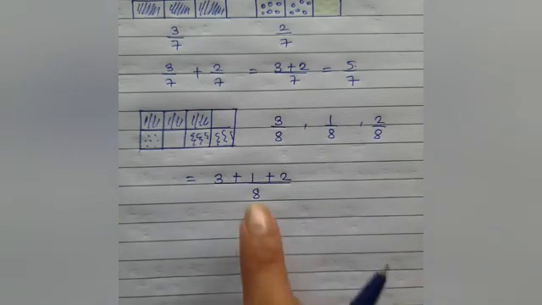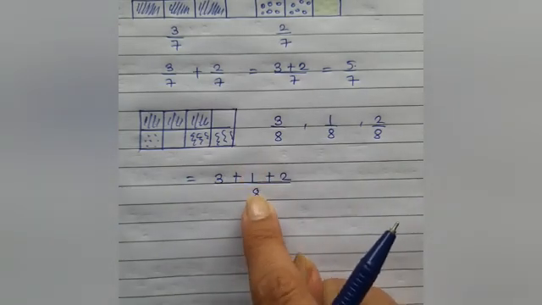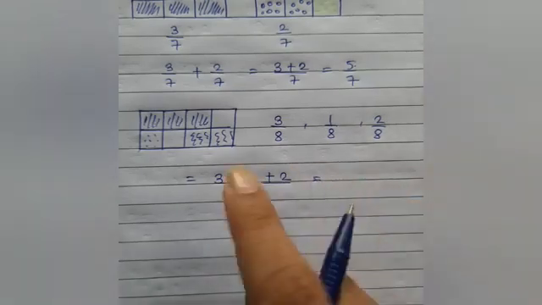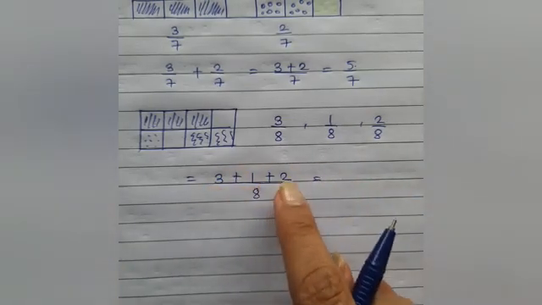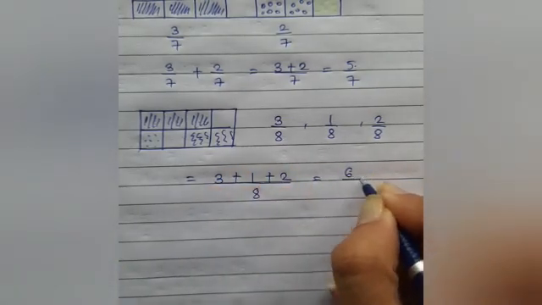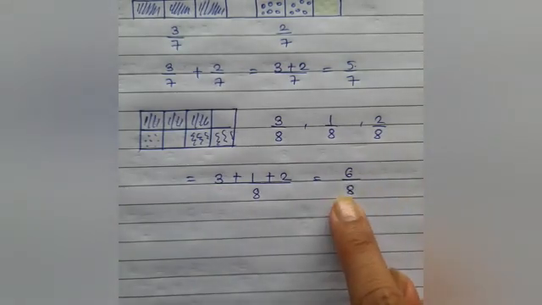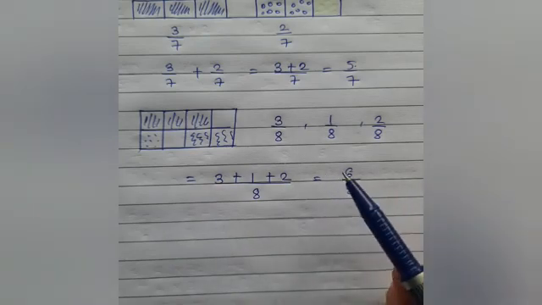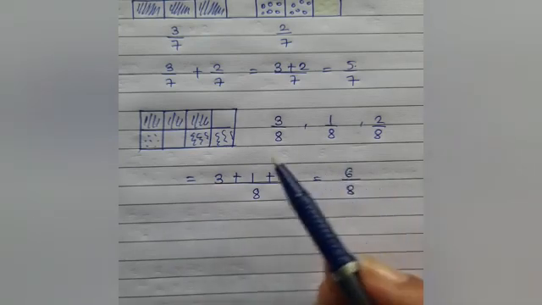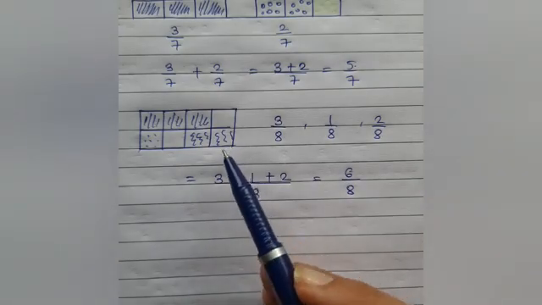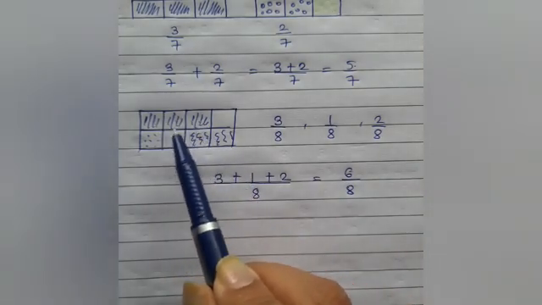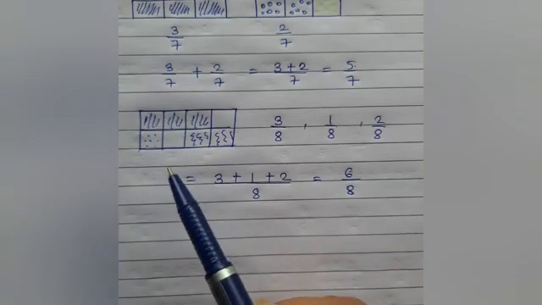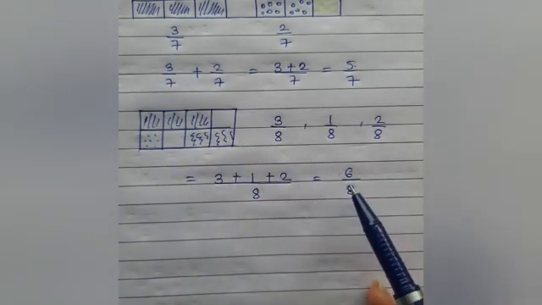Now the value obtained is 3 plus 1, 4, plus 2, 6. So 6 upon 8 is the obtained value, and looking at the numerator and the strip, we see that there are a total of 6 parts colored from 8 parts.